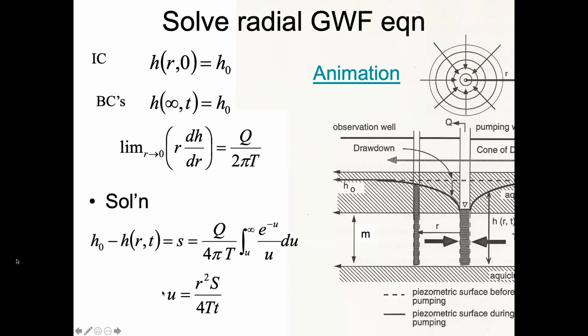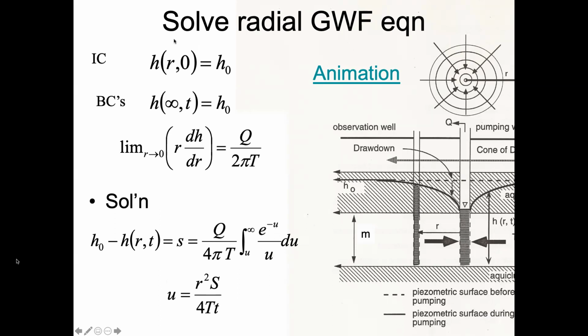And this value is a non-dimensional number that we have in the system here. And it's equal to our r squared times our storativity divided by 4 times our transmissivity times time. And now we take this value and we actually plug it in, and we can solve for it at any given place that we would like to.